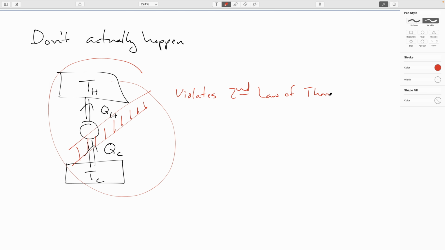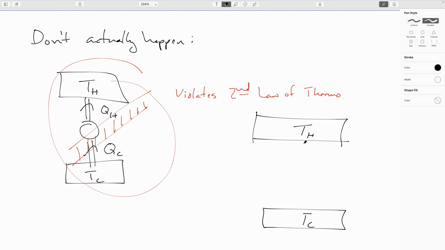Another one that it'll turn out also violates the second law of thermodynamics would be if we could have some device that perfectly turns heat into work. We'll be showing why you can't do that in the next video.